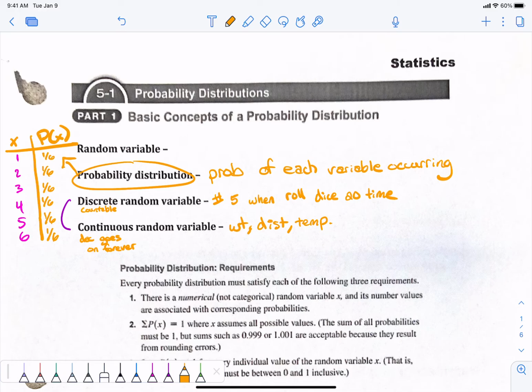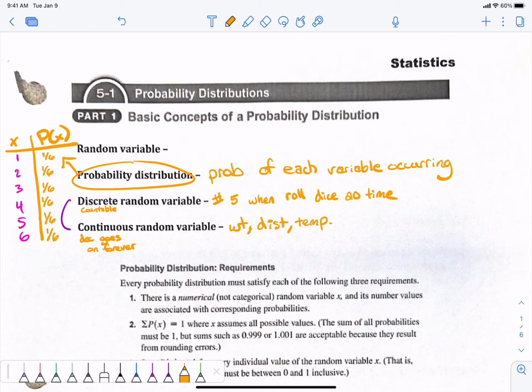And then a random variable is just something that we're looking at probability for. It's like the weight or whatever you're rolling. They say it is a variable typically represented by x that has a single numeric value determined by chance for each outcome.